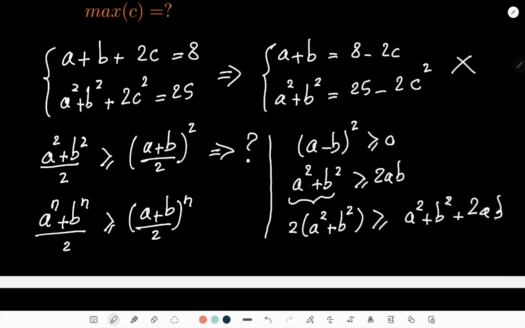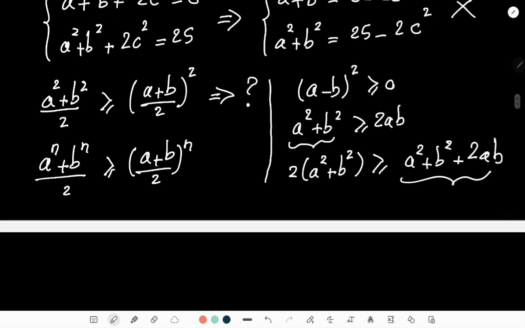But this is nothing but a plus b squared. So in other words, I could say 2 times a squared plus b squared is greater than or equal to a plus b squared.